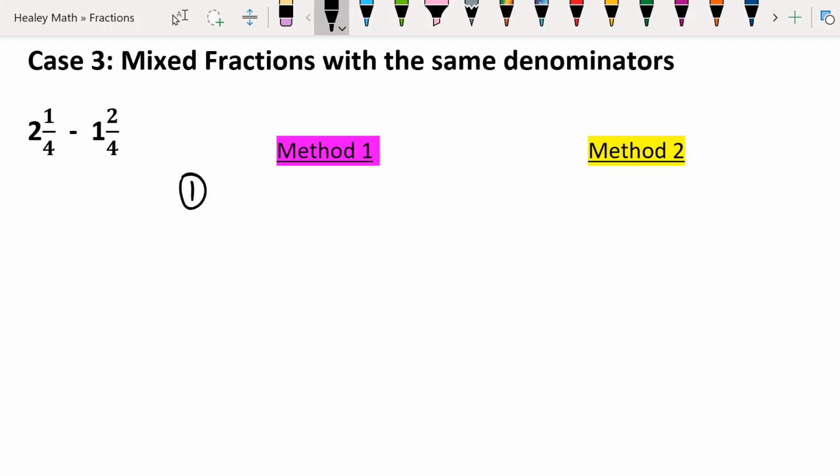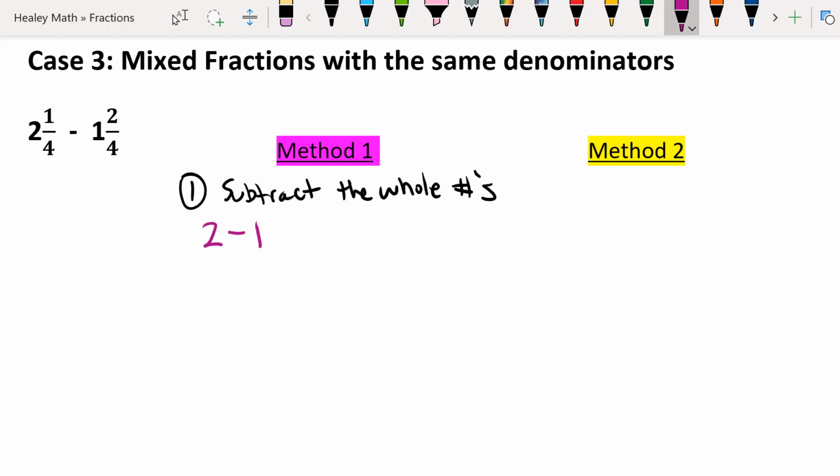We will subtract the whole numbers. And when we do that, we have 2 minus 1, and that's 1.